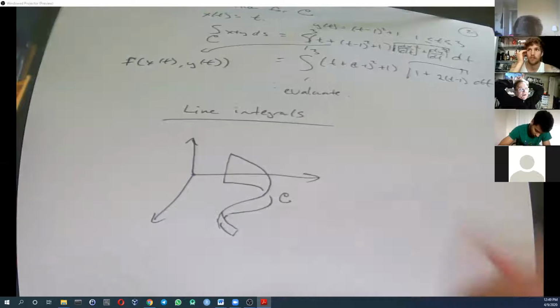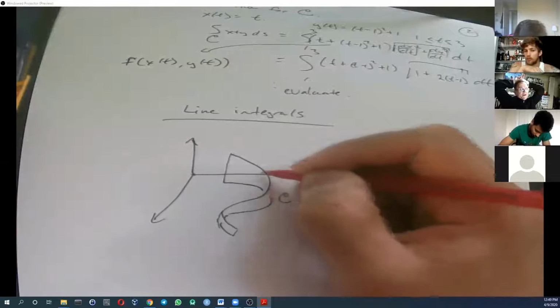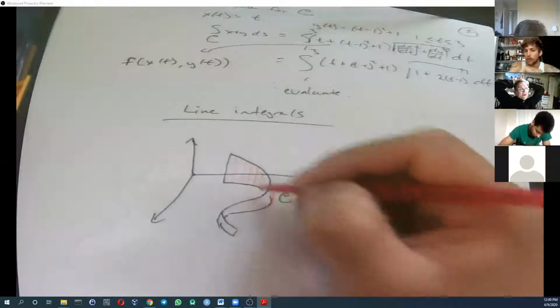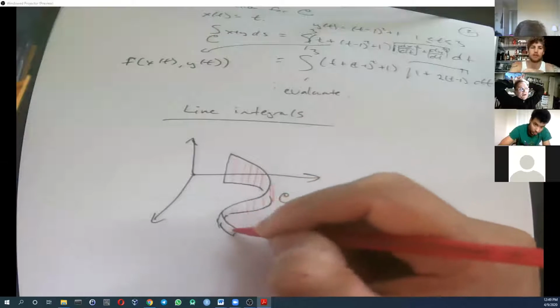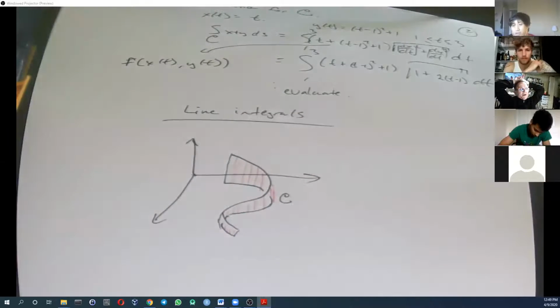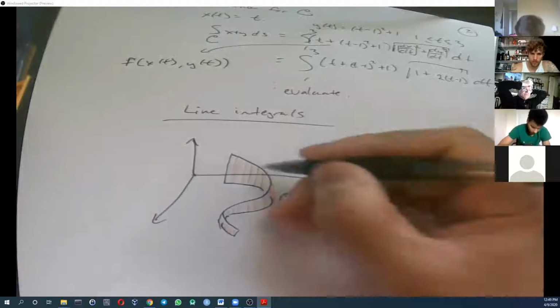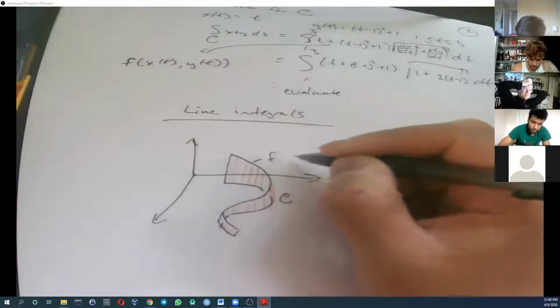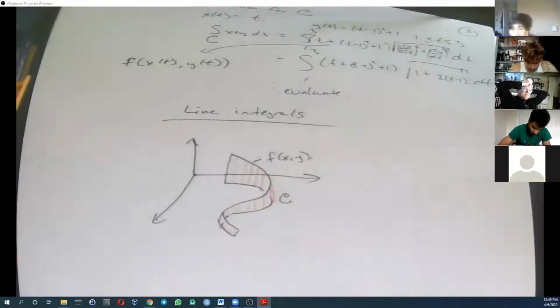The height of my function depends on where it is on the curve. Pretty straightforward, right?